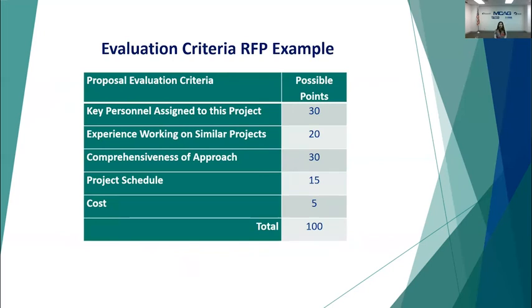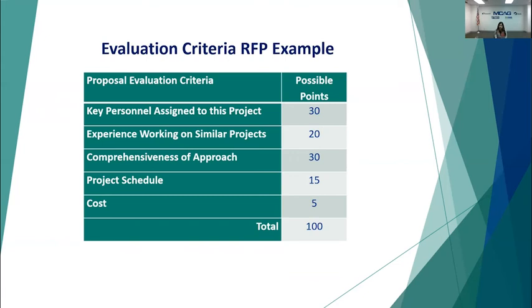This is an example of criteria taken out of an actual procurement. The total is out of 100, and based on my previous example, it was going to be important to us in the work product that was the result of what we were requesting: the persons assigned, the experience of the persons, and the experience of working on similar projects to our request.